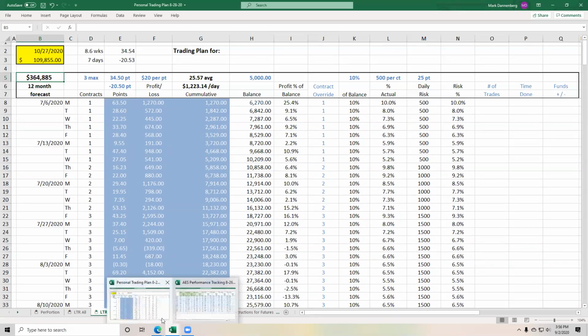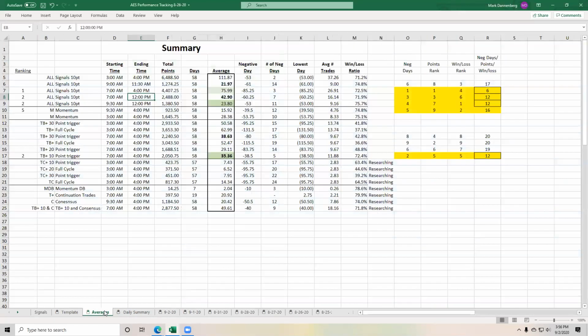I want to just jump over and look at the averages here real quick and double check that we still are ranked properly. This category, which we do not track on the personal trading plan, is 7 a.m. to 4 p.m. It's really gotten my attention in the last couple of weeks, because it is trading all signals from 7 to 4.